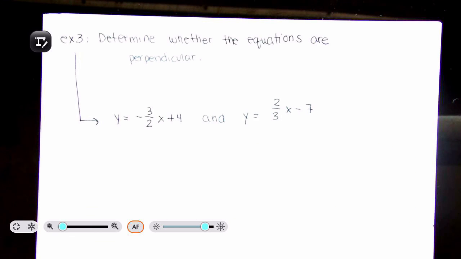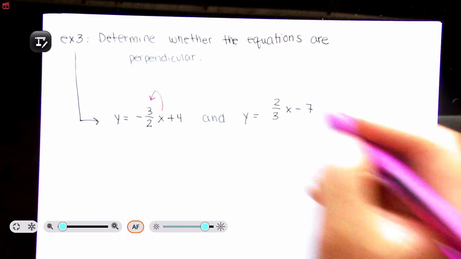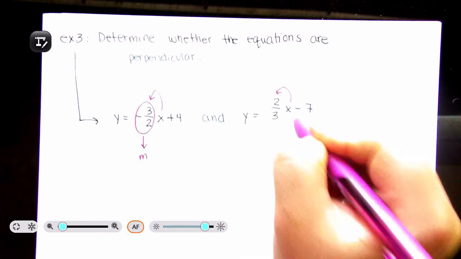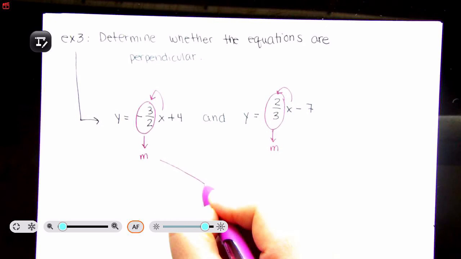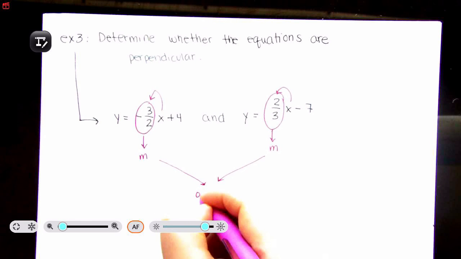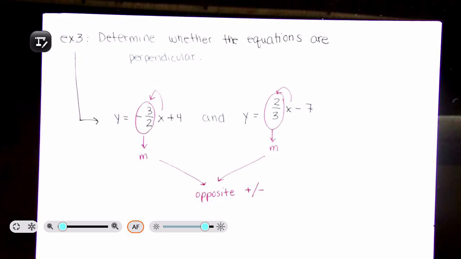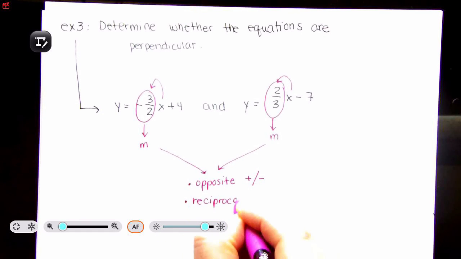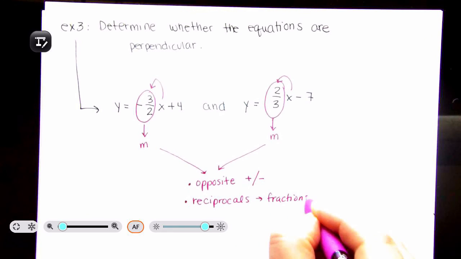When you are determining if the equations are perpendicular, you're looking at the number in front of x. That is your slope. For your slope, we want two things. We want them to be opposite, so if one is positive, one is negative, it doesn't matter which is which. And then we want the second part to be reciprocals, which is where your fractions flip.